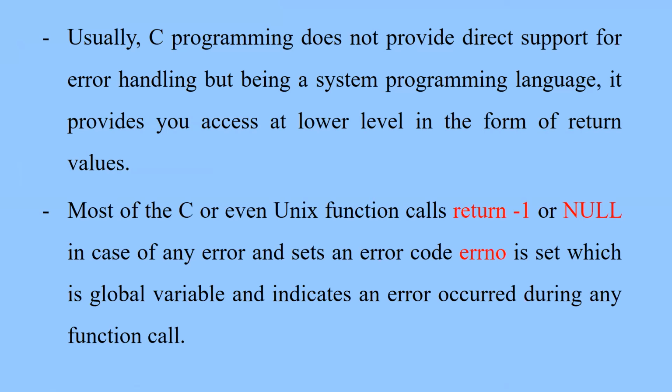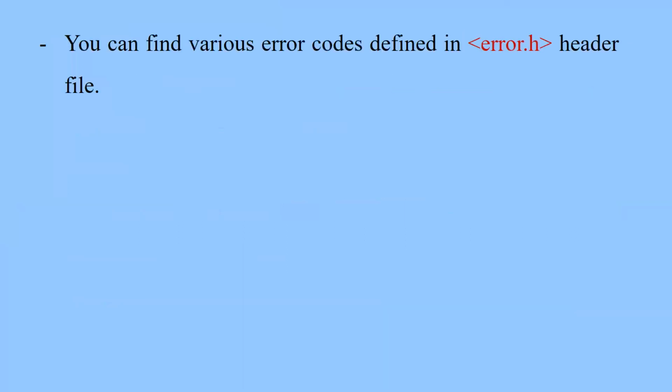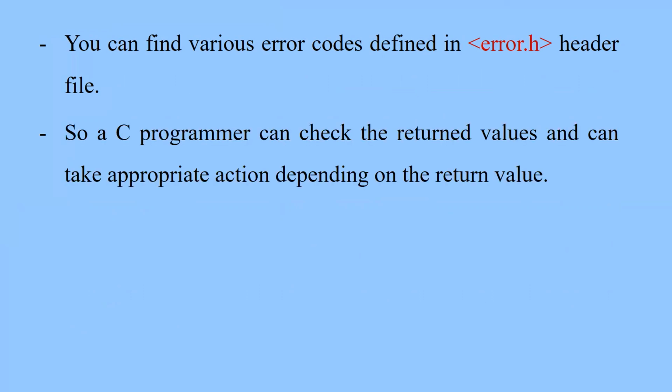Most of the C or even Unix function calls return -1 or null in the case of an error and set an error code, errno, which is set as a global variable and indicates an error occurred during any function call. You can find various error codes defined in the header file errno.h.